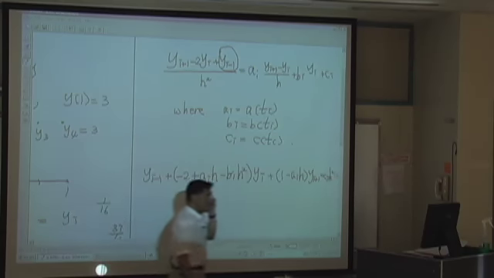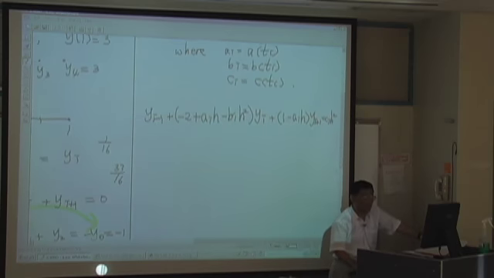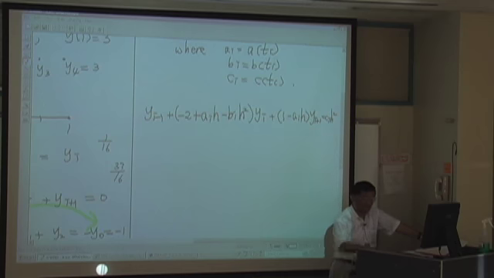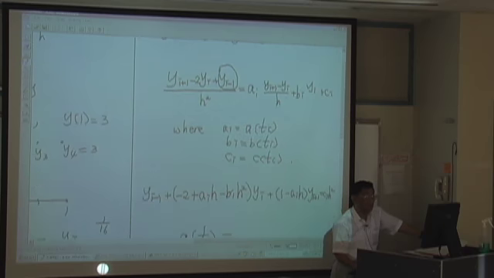Then instead of writing down for each, I will directly go to MATLAB and solve the problem, but we don't have a_i information. So what kind of a(t) do you want? What function do you want in the first place? The differential equation can have any function here, right? A, B, C function. So what kind of function do you want?